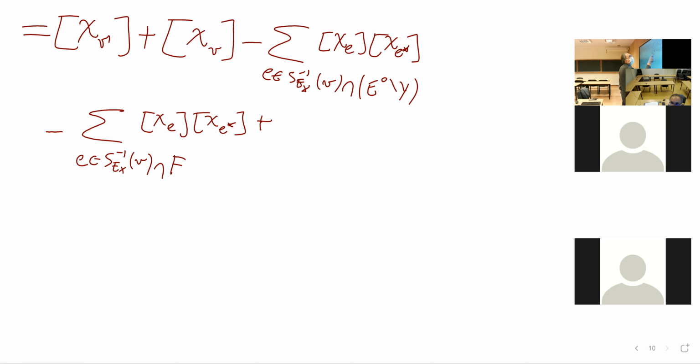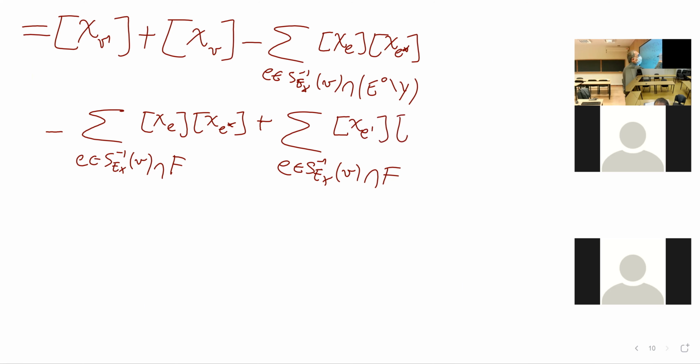So here I just repeat it, but then I will modify it. So here I will simply rewrite it. But now, here what I sum applies with primes. So chi E prime, chi E prime star.